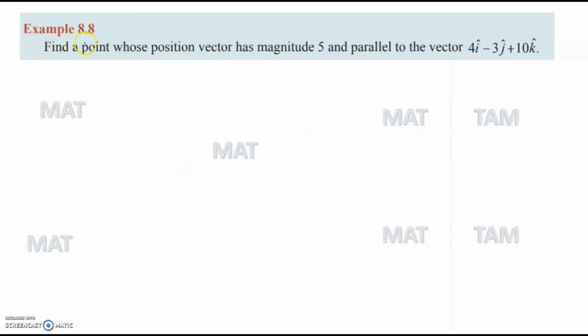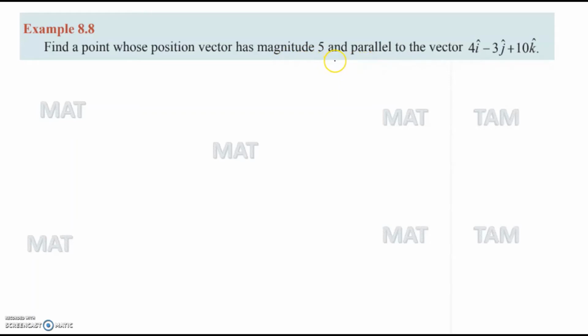Example 8.8. Find a point whose position vector has magnitude 5 and parallel to the vector 4i cap minus 3j cap plus 10k cap. So in such a problem, you need to first find the unit vector of the required vector, and then you can multiply it with 5 or the required magnitude.